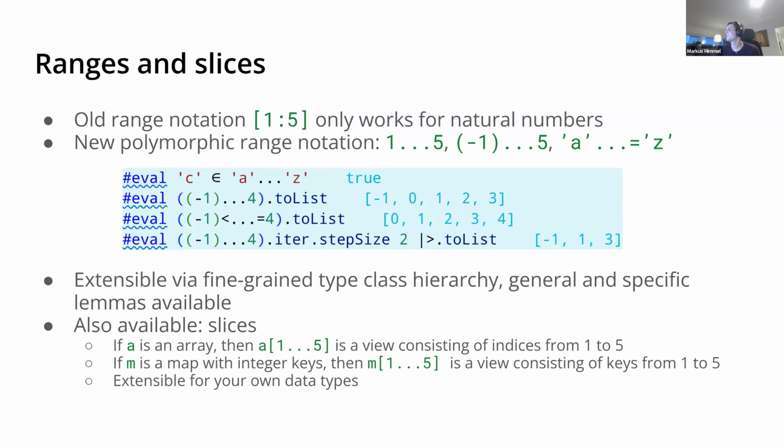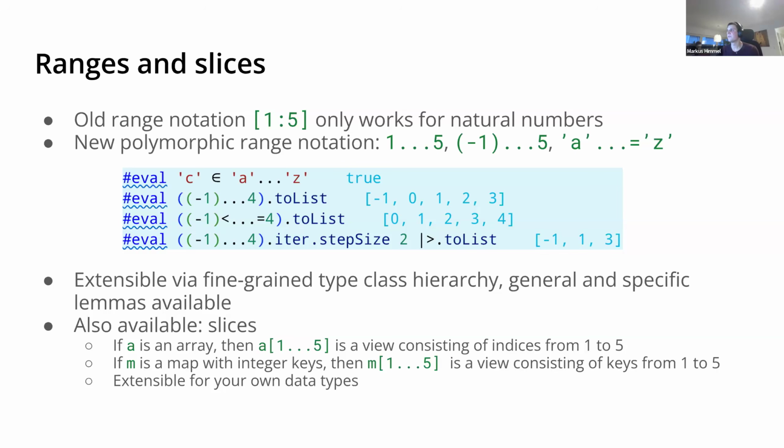So we have a fully polymorphic range notation with these 3 dots. And once again, there are many variants of this, depending on whether you want the left or right bound to be included. And you can even have infinite bounds with an asterisk. This is not shown on this slide. And the way this works is that depending on which type classes your type implements, the ranges gain capabilities.